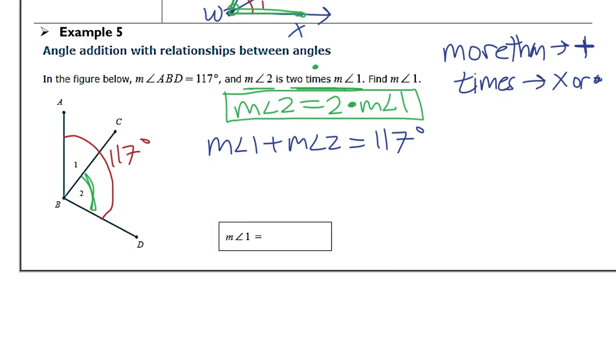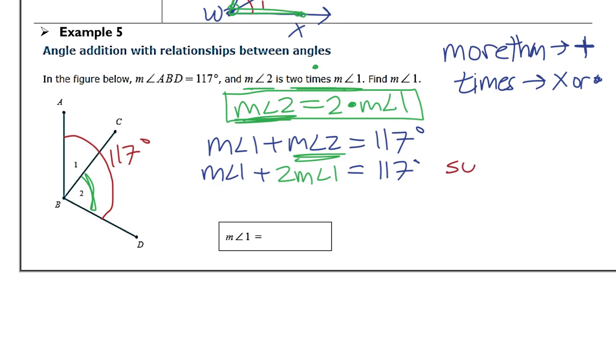Now, we know that in fact this measure of angle 2 we could substitute in. So we're going to say the measure of angle 1 plus, well, the measure of angle 2 is just 2 of those measure of angle 1s. So I'm just going to substitute.